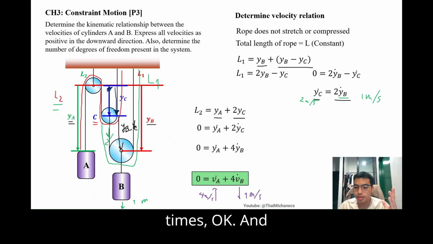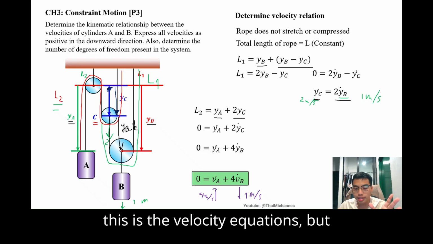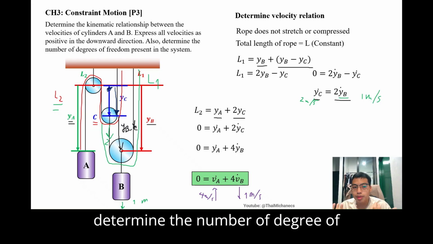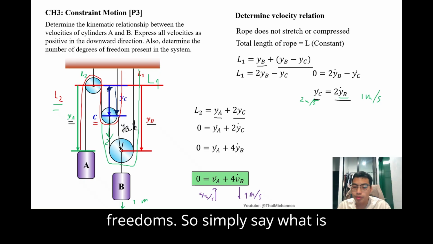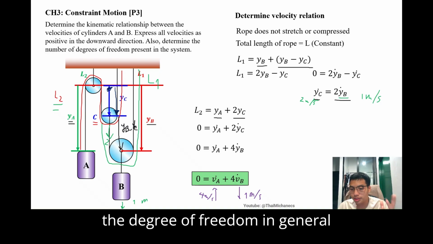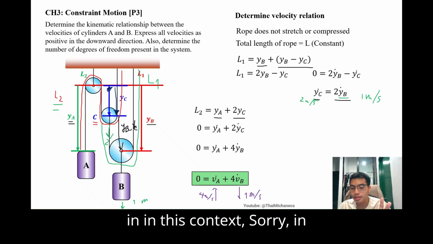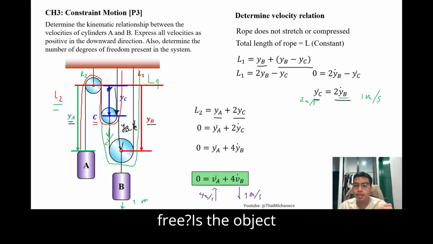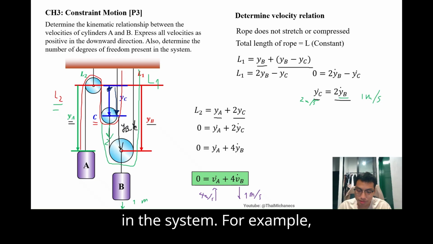Now this is the velocity equations, but they also ask about how to determine the number of degrees of freedom. So simply, what is the degree of freedom? In general, in this context, degree of freedom means how free the object is in the system.